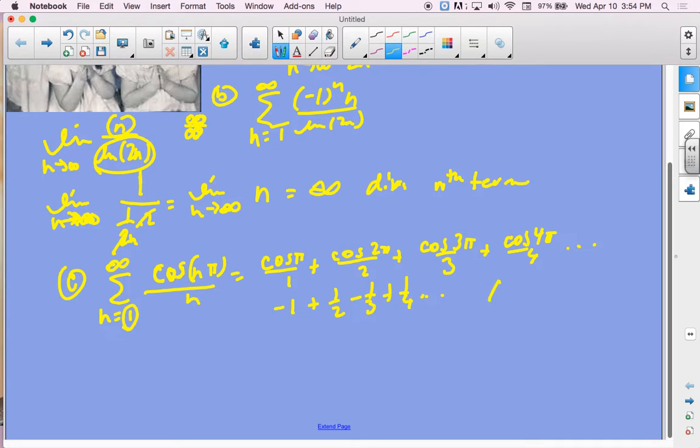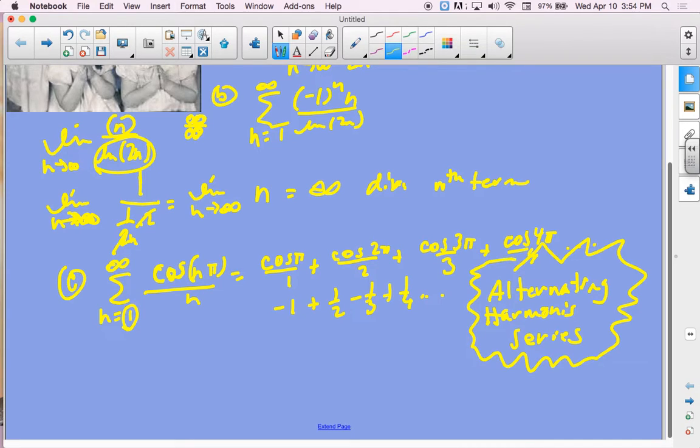If you notice, this would be the alternating harmonic series. Not the harmonic series, but the alternating harmonic series. So it is super important to know about the alternating harmonic series. First of all, it's alternating, so it passes that part of the alternating series test.